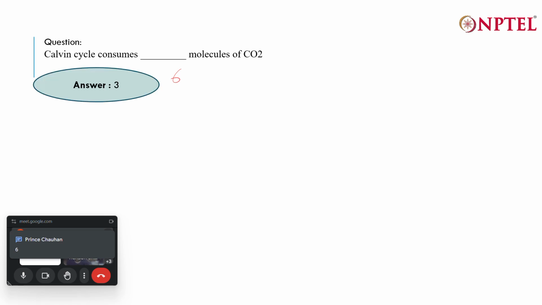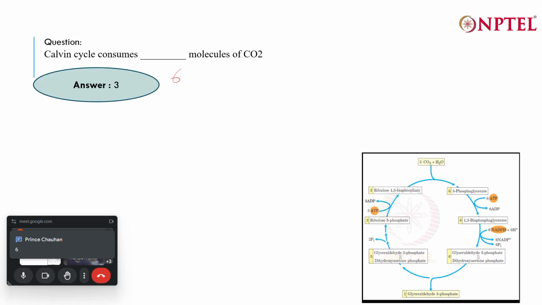So the correct answer is 3, and here is the explanation. In the Calvin cycle, only 3 molecules are actually assimilated by 1 molecule of Rubisco, and 3 molecules of ribulose 1,5 bisphosphate are actually involved.